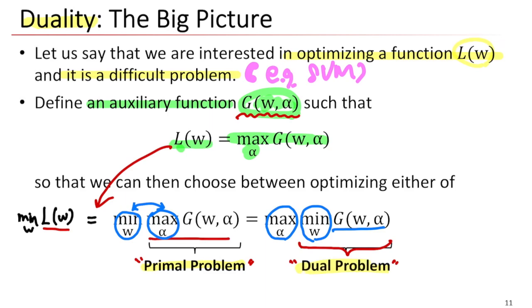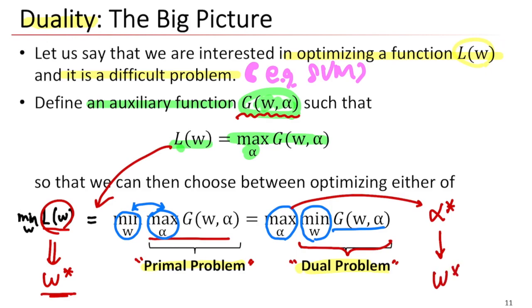Rather than directly minimizing this loss function to find w star, using the dual problem we can first minimize in terms of w, and then derive the parameter w in terms of alpha star, something like this.